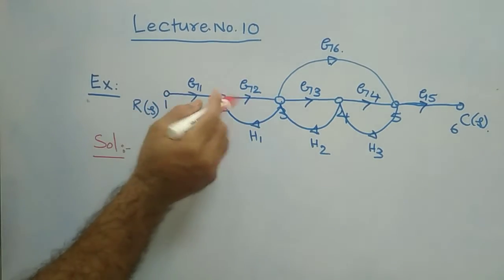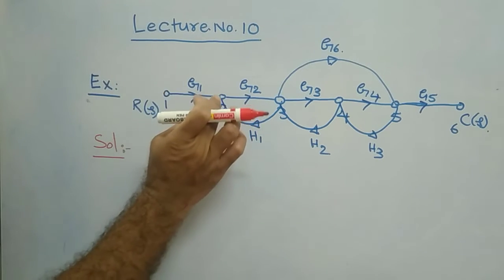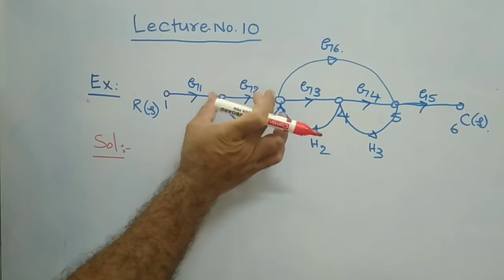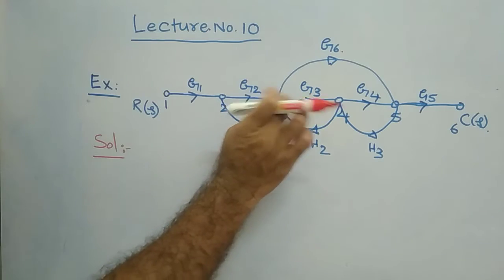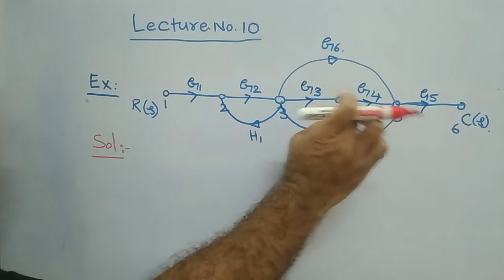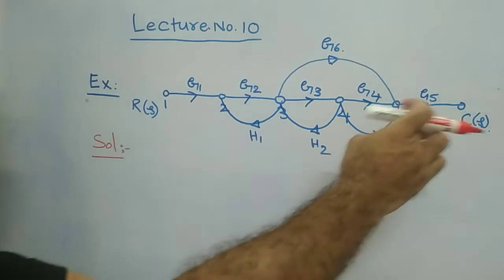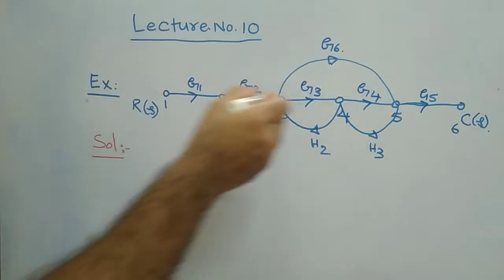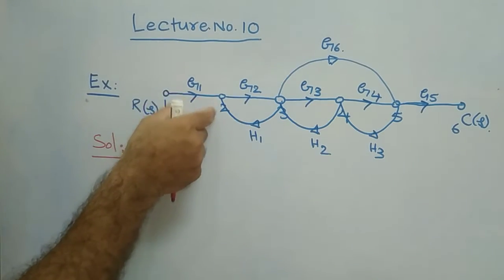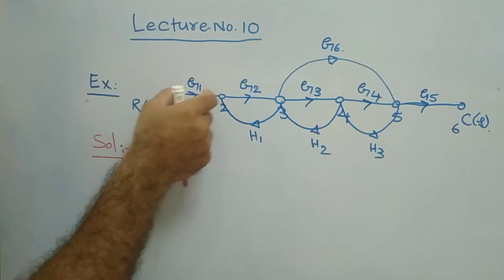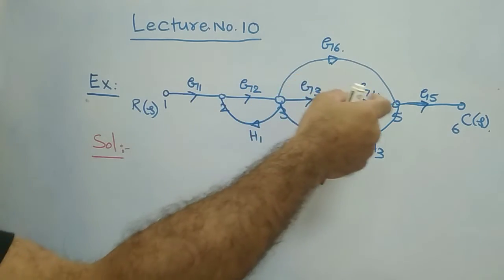From 1 to 2 the gain is G1, 2 to 3 it is G2, 3 to 4 the gain is G3, 4 to 5 it is G4, 5 to 6 it is G5. All these are the gains of that particular path which is available between those nodes.